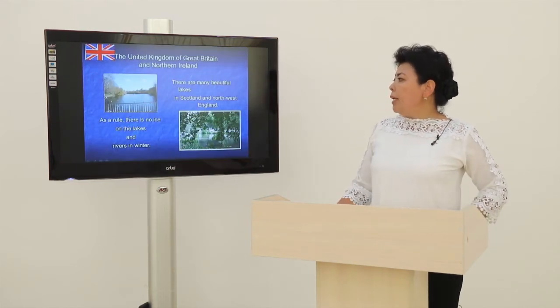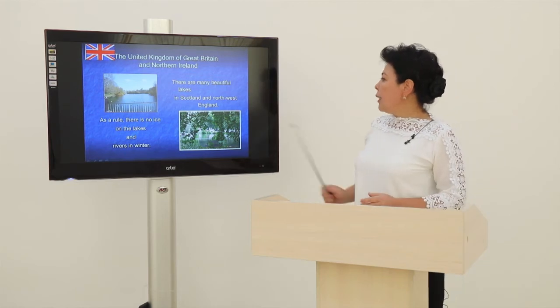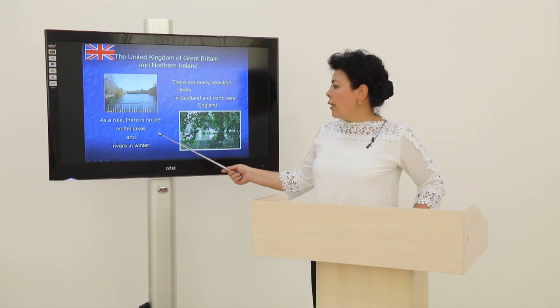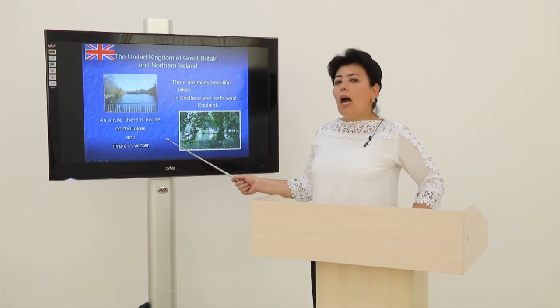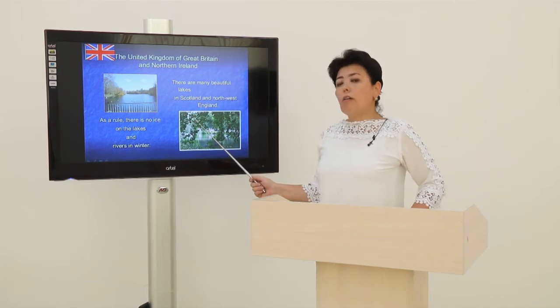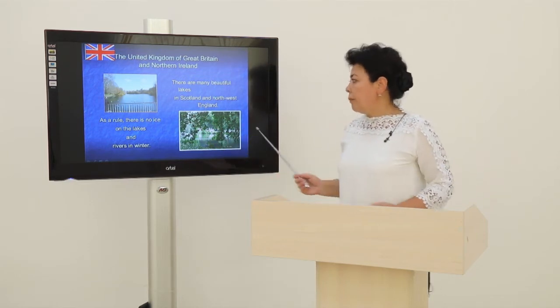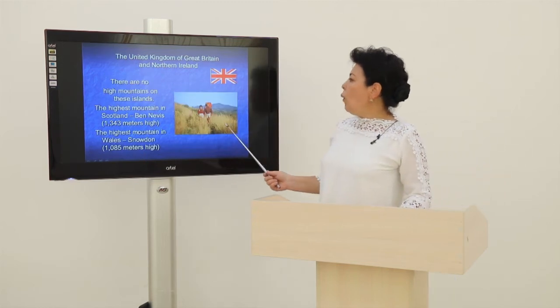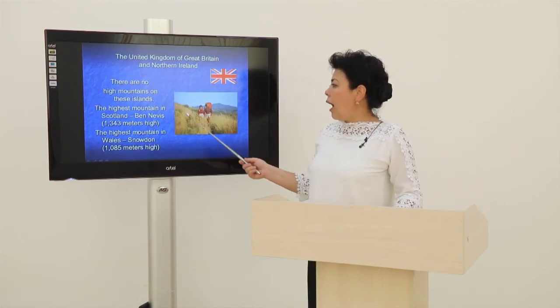Now, there are many beautiful lakes in Scotland and the northwest of England. As a rule, there is no ice on the lakes and rivers in winter. These are the lakes. There are no high mountains on this island.